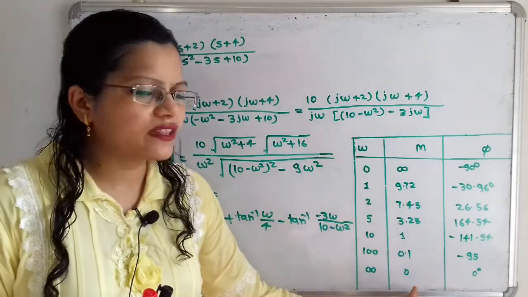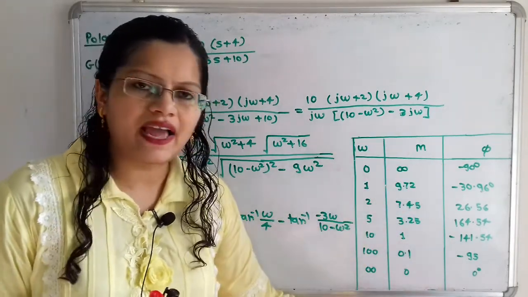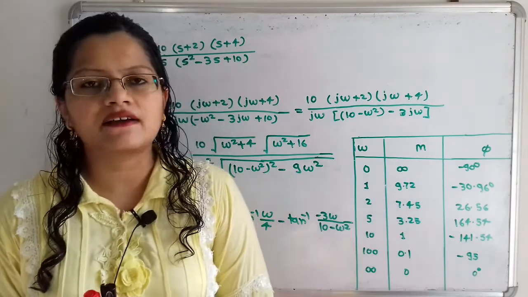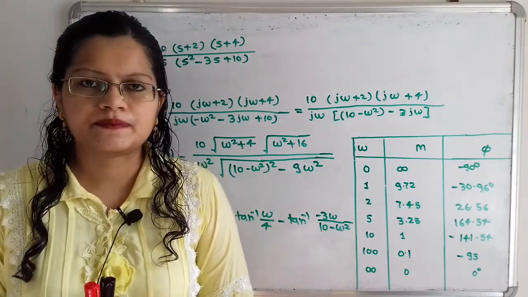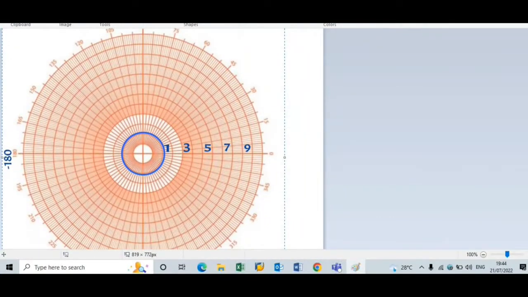We will refer to these values of magnitude and phase angle in the table and move on to draw the polar plot. If we observe the table, magnitude varies from 0 to infinity, and the phase angle goes accordingly.